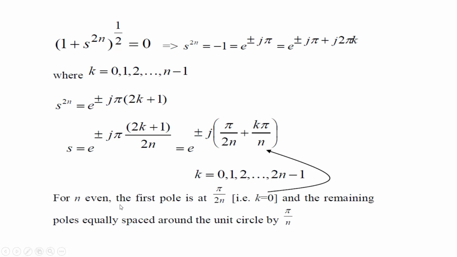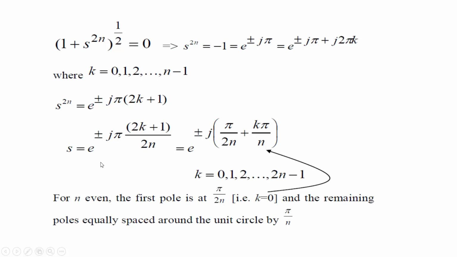Now, when n is even, the first pole will start at pi by 2n, that is k equal to 0, and the remaining poles will be equally spaced around the unit circle by pi by n. That is the meaning of k, and k will give the number of the remaining poles which will be equally spaced. All right.